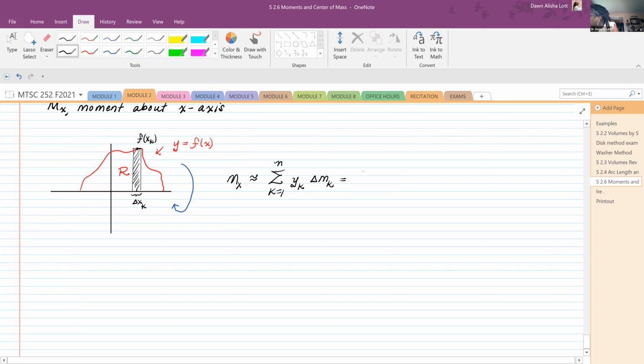And this is the sum k equals 1 to n of yk times delta of xk, f of xk, triangle delta of xk. But we don't know yk. yk can change.